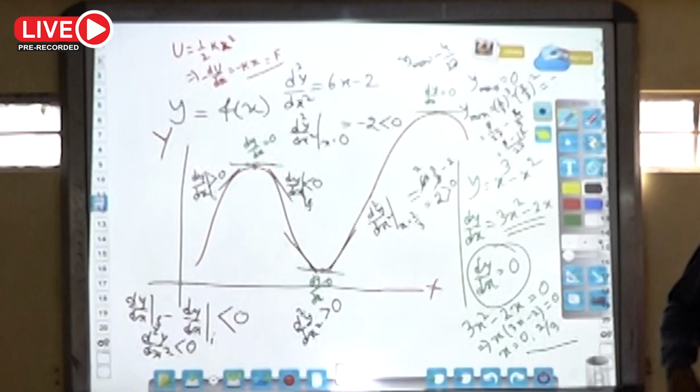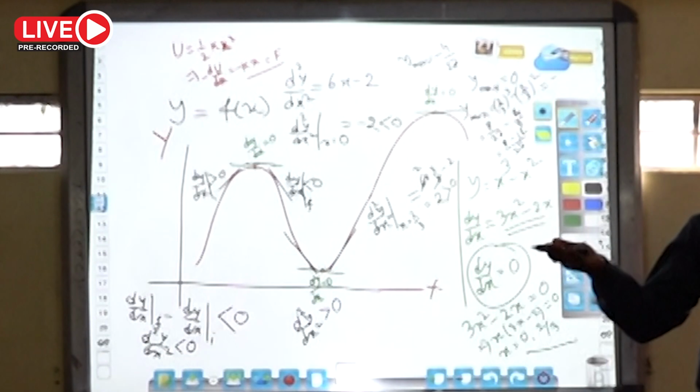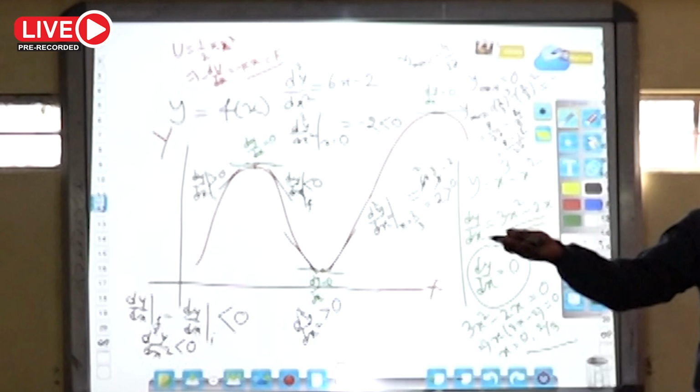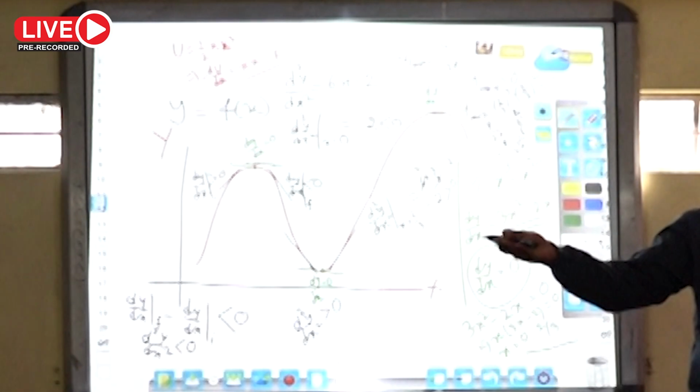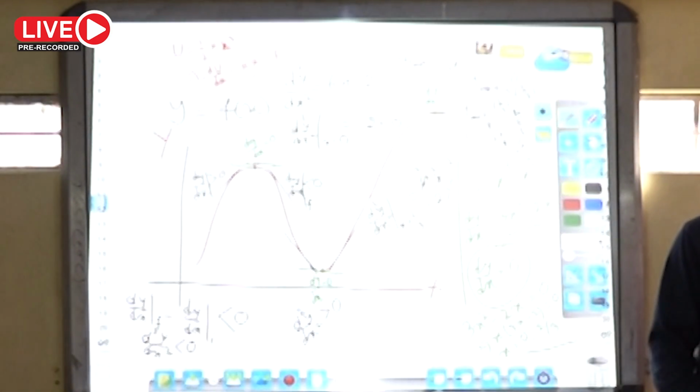Now neutral equilibrium means the body is moving over a surface, a straight line, it should be two-dimensional. Double derivative 0 always gives you the equation of a straight line. How?